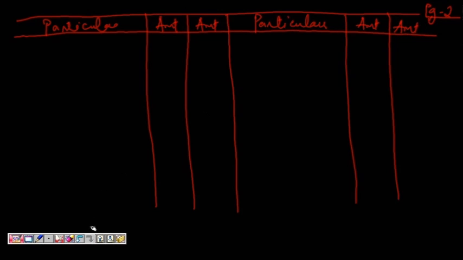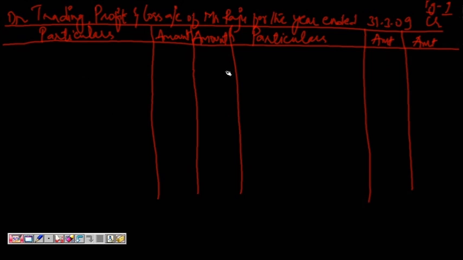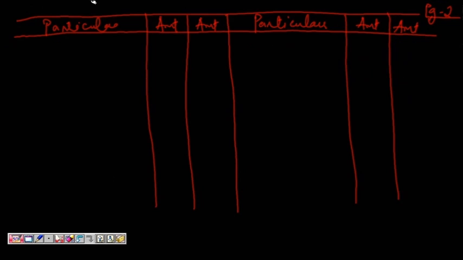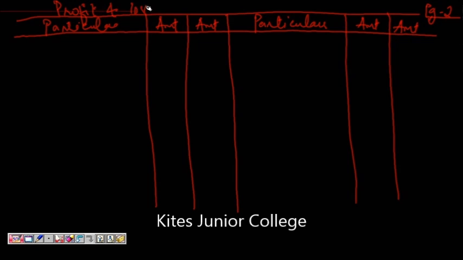Okay, I've already given the heading trading, comma, profit and loss account here, but still I'll write here profit and loss account. Okay, so that means this is a profit and loss account, but in exam you have to do it simultaneously, trading, profit and loss account and balance sheet.